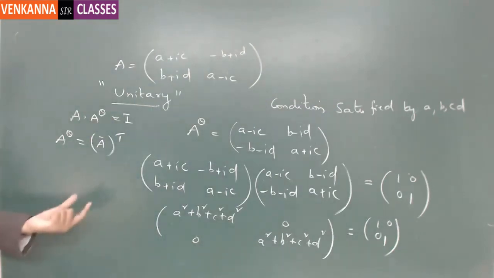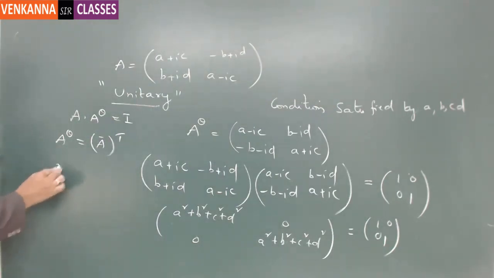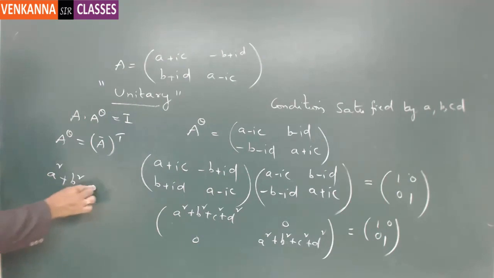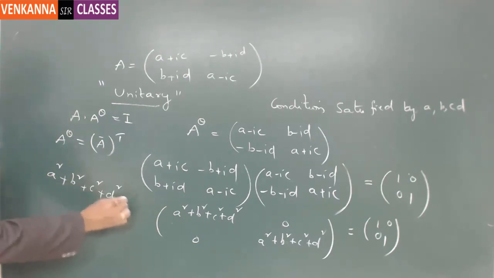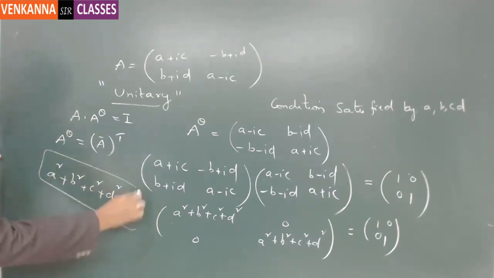So from this we can say that on comparing the respective entries, a square plus b square plus c square plus d square is equal to 1. So you can check the matrix multiplication part. Do you agree? Please check the multiplication portion.